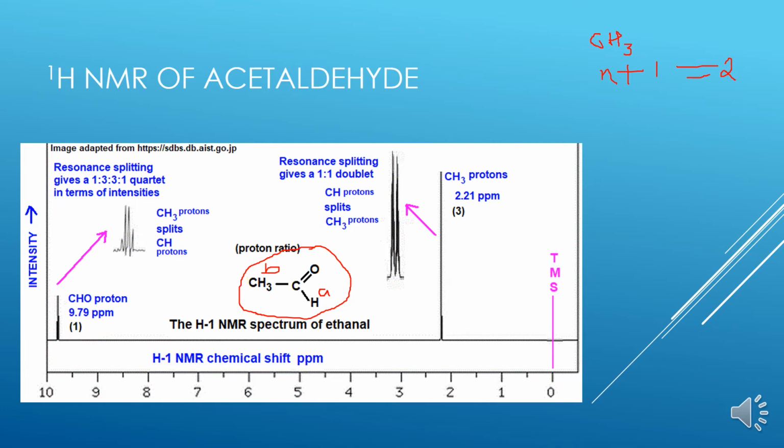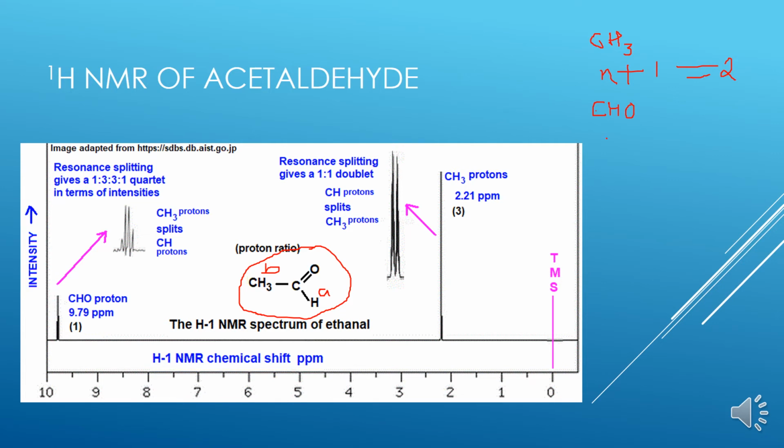Suppose we are calculating the splitting pattern of a particular molecule, we have to calculate the neighboring protons. Remember, for CH3 there will be a doublet. For the aldehyde proton, for this CHO, there will be 3 neighboring protons.